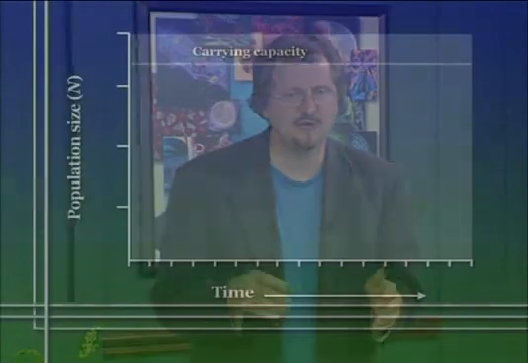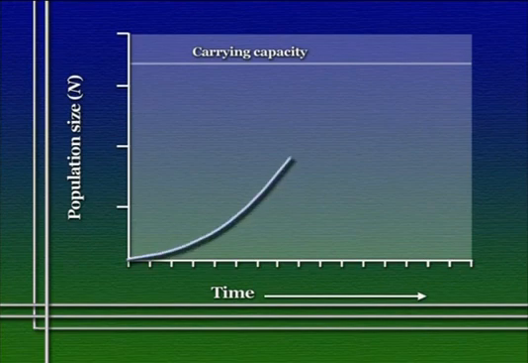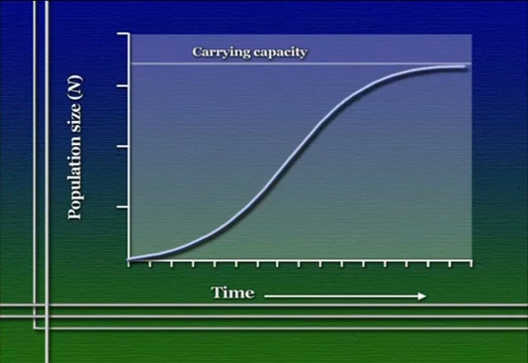Now, if we look at this graphically, and this is the point we want to get to, then instead of a J-shaped curve, again, we're looking at a graph of the size of the population over time, with time on the x-axis and population size on the y-axis, we would see a sort of S-shaped curve. When the population size is low, it would start increasing with an increasing slope, sort of what we saw in exponential growth.